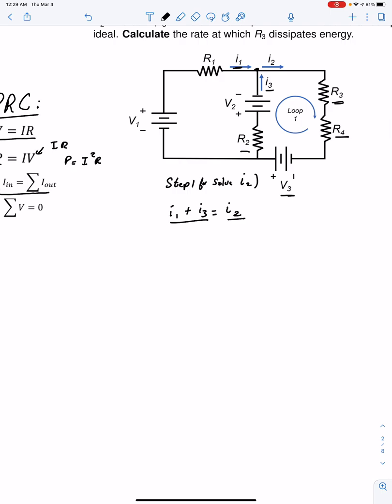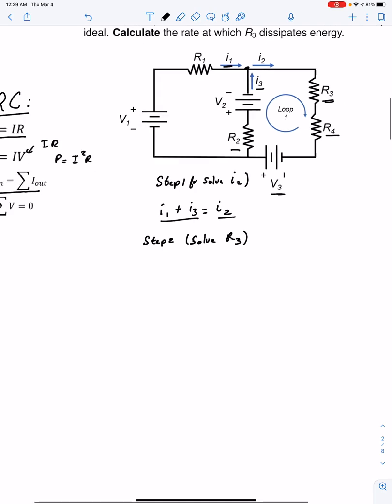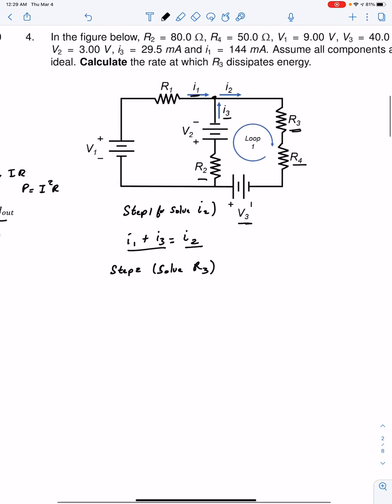Step 2 is solve for R3, and we use Kirchhoff's rules. I already told you about loop 1.